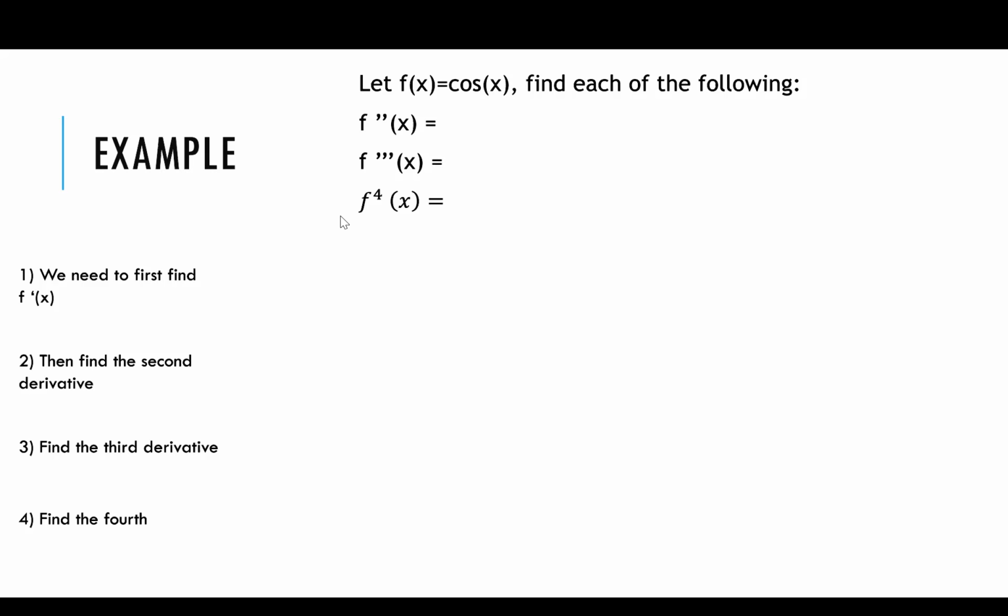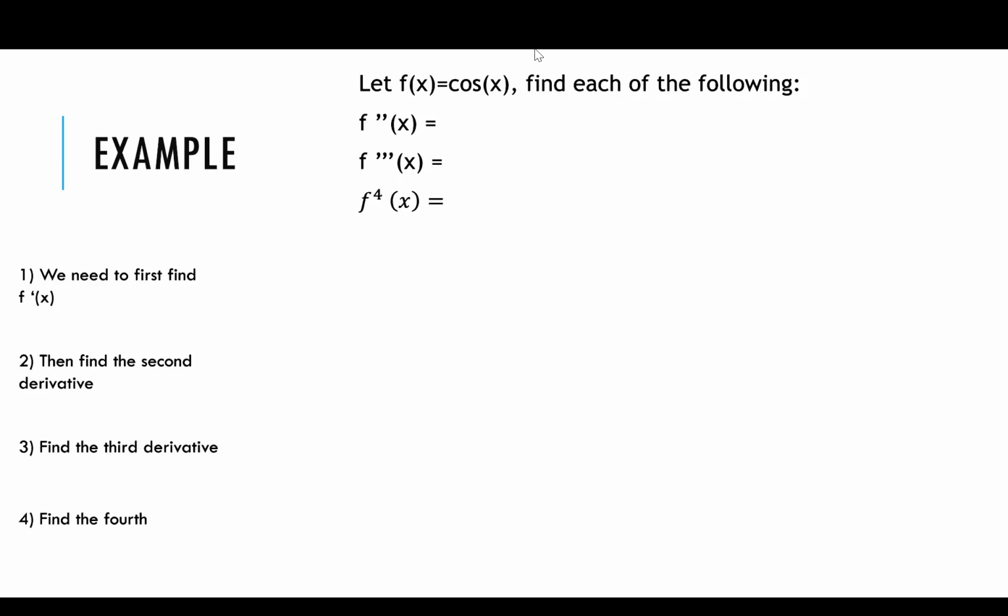And then generally around the fourth derivative, we just start putting a number instead of having a bunch of apostrophes, because that can probably get confusing. Okay, so this particular example wants us to find the second, third, and fourth derivatives. Well, we first need to find the first derivative in order to find the second, third, and fourth, right?